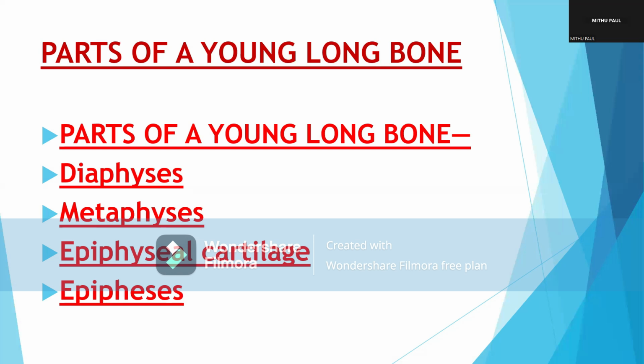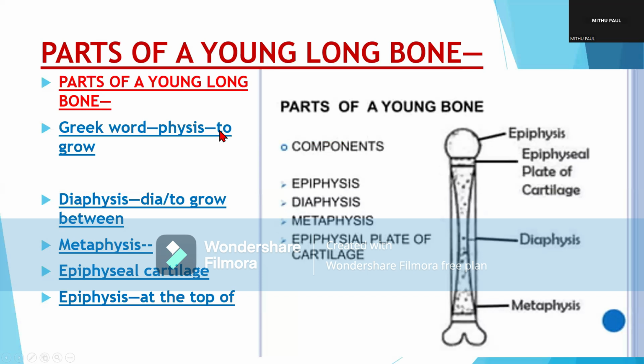And in between the metaphysis and the epiphysis lies the growth plate or the cartilage plate, which is known as the epiphyseal cartilage. See here, the word physis means to grow, and dia means to grow between.